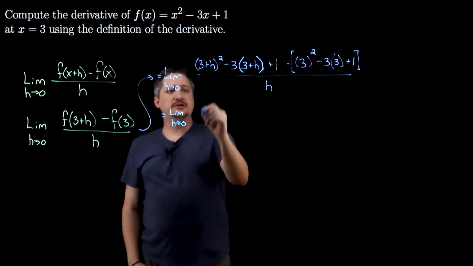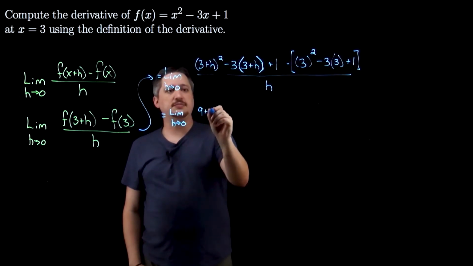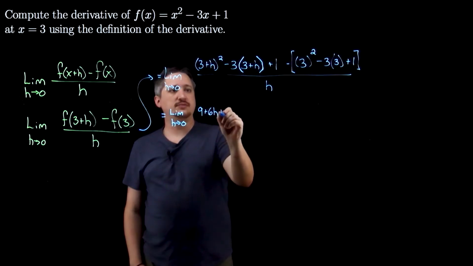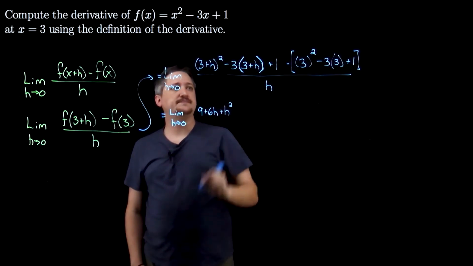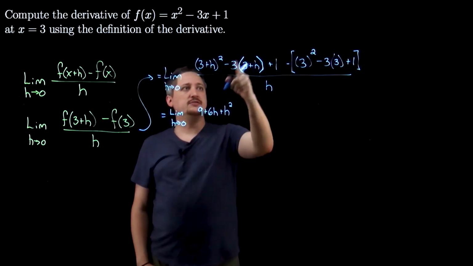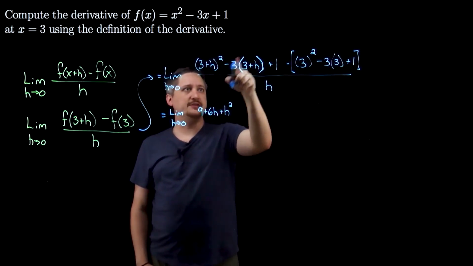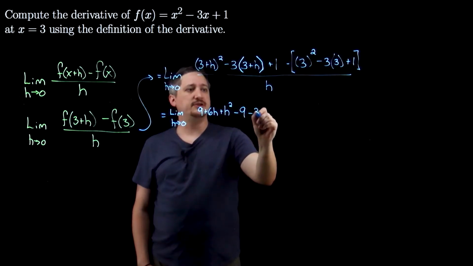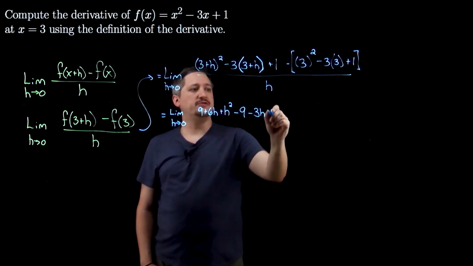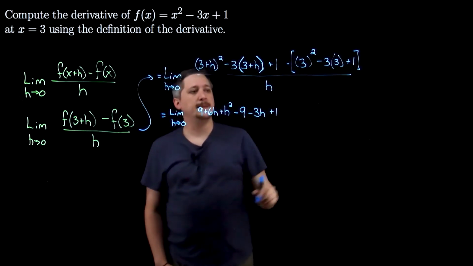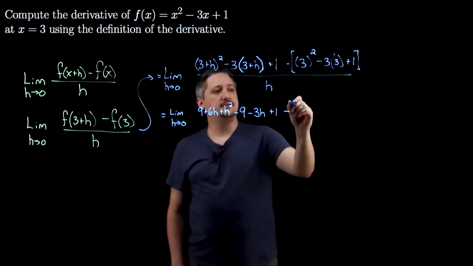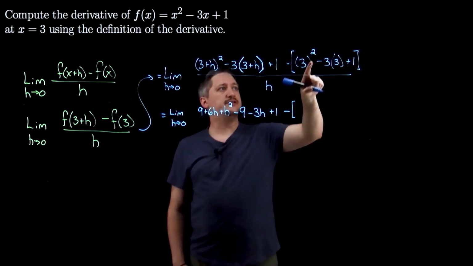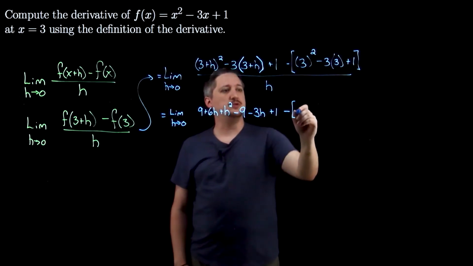So if I square this out, I'm going to get 9 plus 6h plus h squared, so that's foiling. Then don't forget the minus here. I'm going to distribute the negative 3, so I'm going to get minus 9 minus 3h plus 1, minus, so 3 squared is 9, minus 9 plus 1.